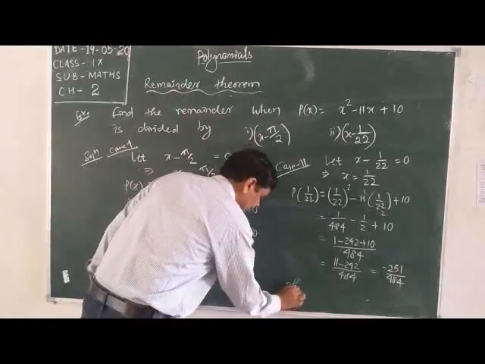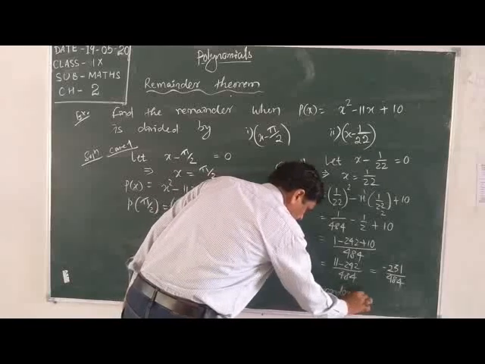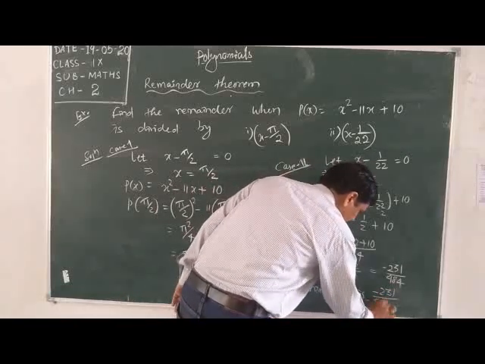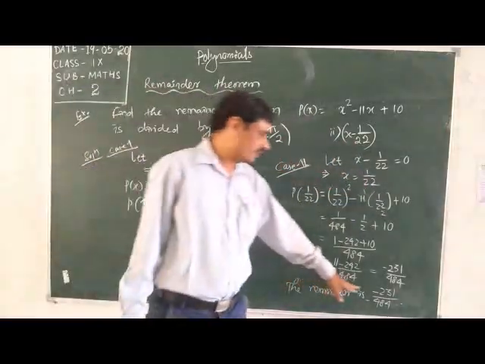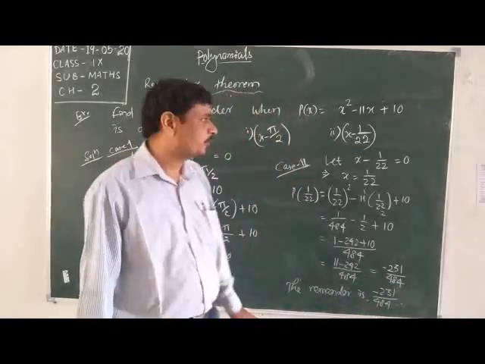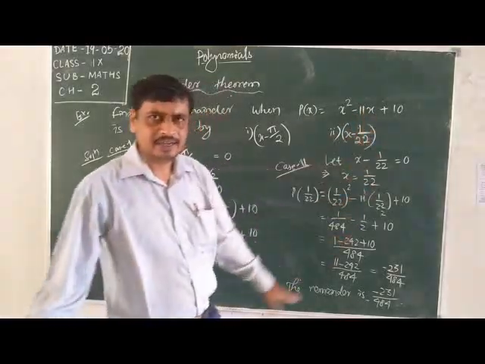The remainder is minus of 231 by 484. We will obtain the remainder, this one, minus 231 by 484, when the polynomial is divided by x minus 1 by 22.